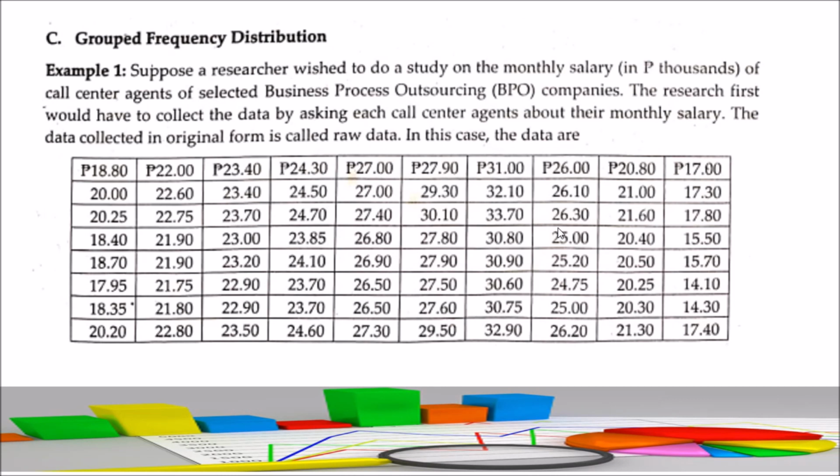In this case, the data are 18.80, which will be read as 18,800 pesos because it is in thousands, multiplied by 1,000. Then 20,000 pesos, 20,250 pesos, 18,400 pesos, 18,700 pesos, until the last data there, 17,400 pesos.